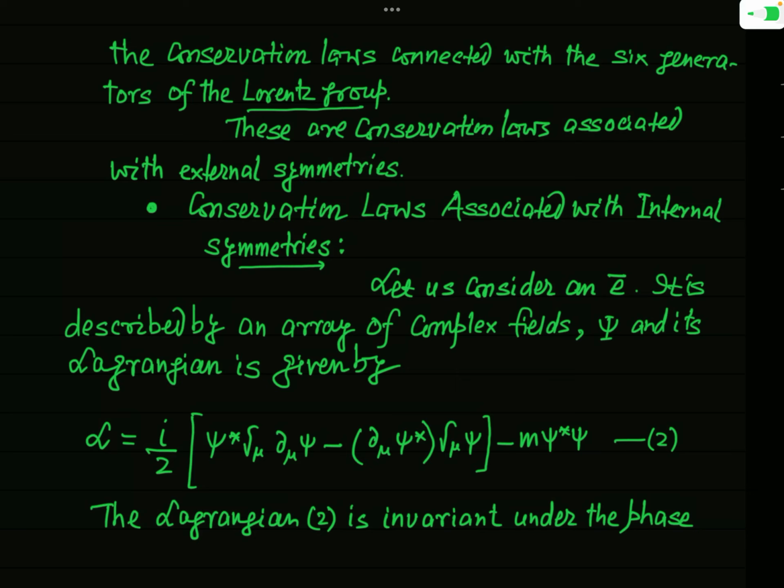So according to the field quantization of classical field, the covariant form of Lagrangian of the system of a particle, what is the expression for that Lagrangian? I will write here directly.